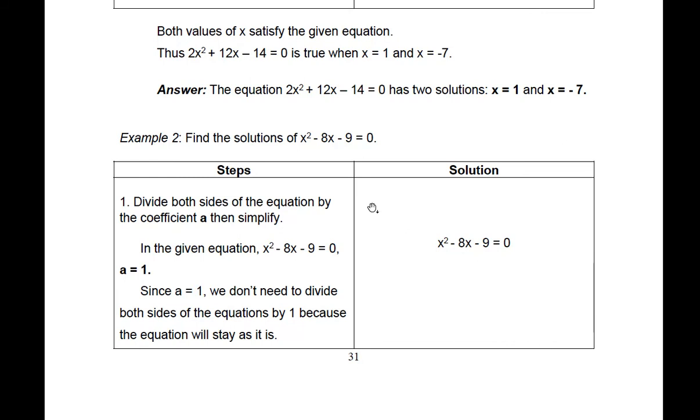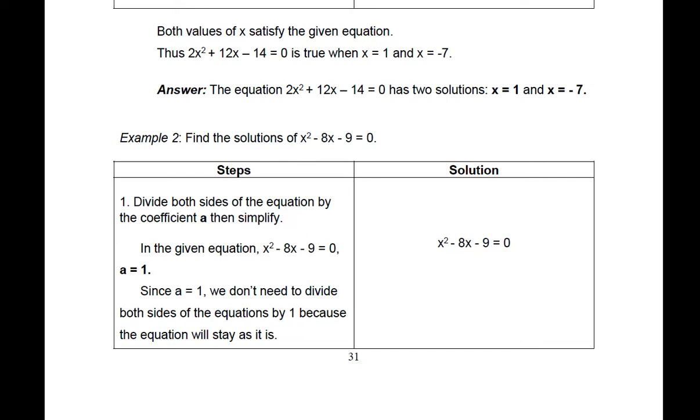Ito. Next step, find our next example. Example number 2. Find the solution of x squared minus 8x minus 9 equals 0. So ang unang gagawin is, since the value of a is equal to 1, proceed na tayo sa second step.